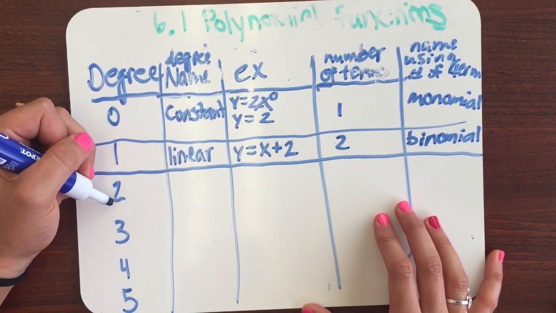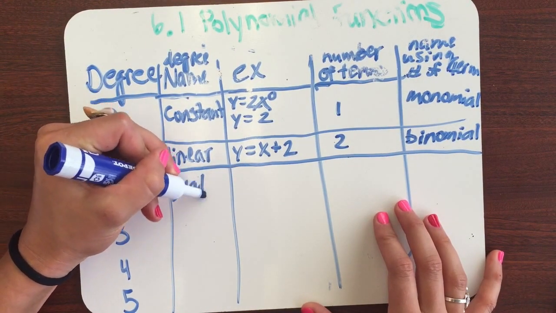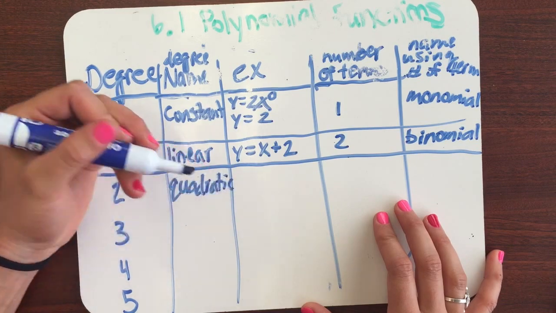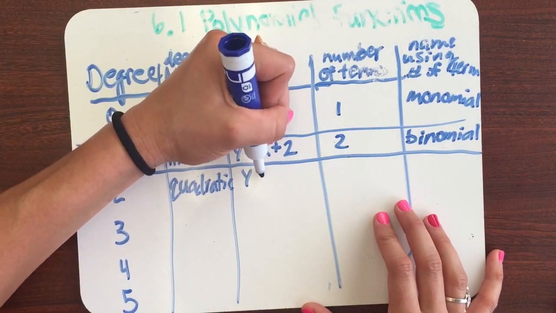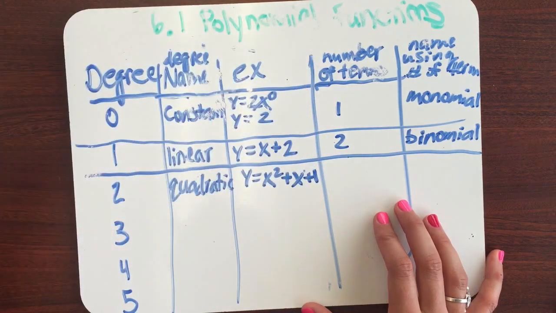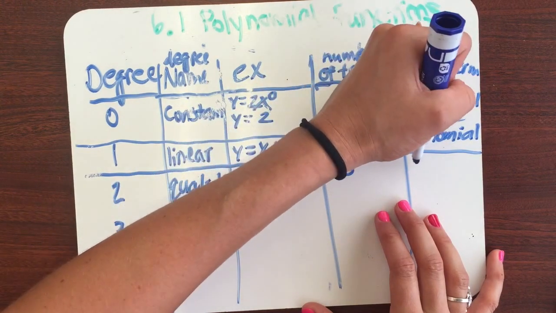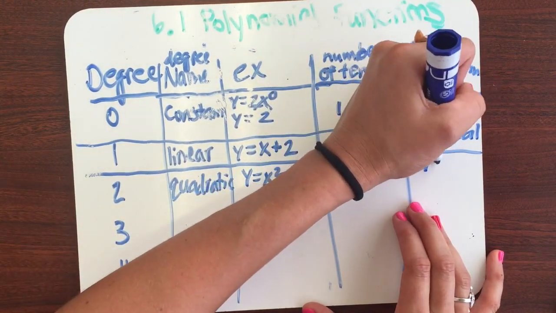If it has a degree of 2, we call that a quadratic. For example, y equals x squared plus x plus 1. That has 1, 2, 3 terms, and we call that a trinomial.